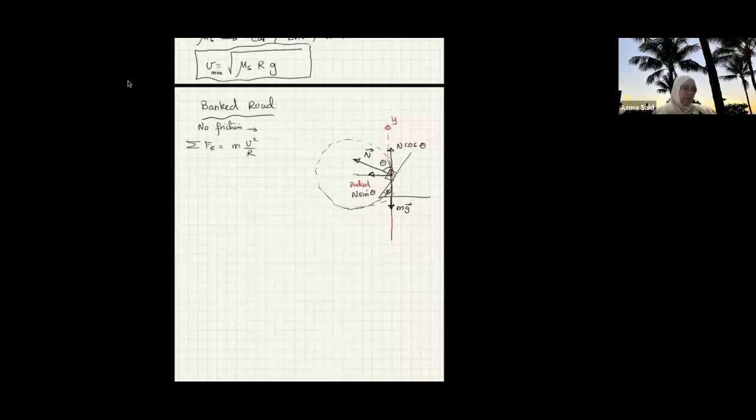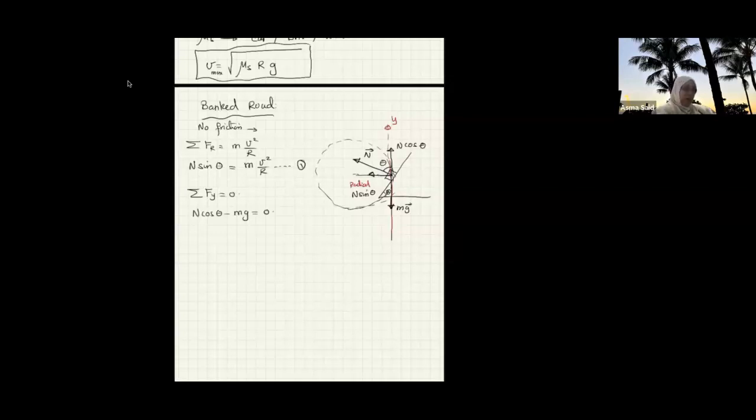The force that is in this direction is N sine theta, and this equals mv squared over r. This is number 1. Number 2 is sigma F_y equals 0, and that is N cosine theta minus mg equals 0.